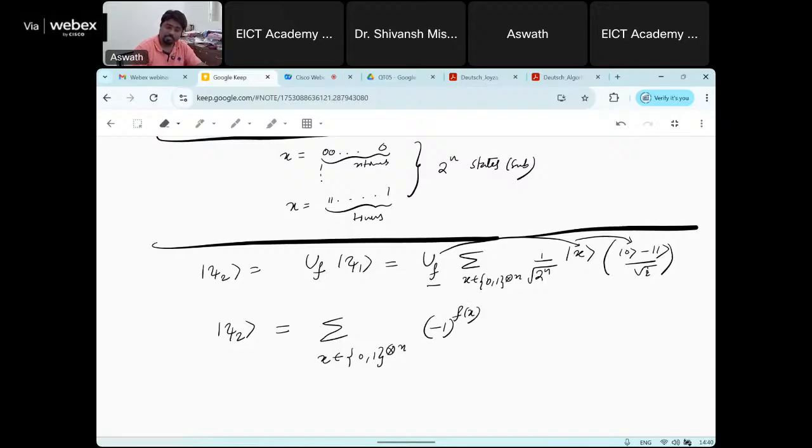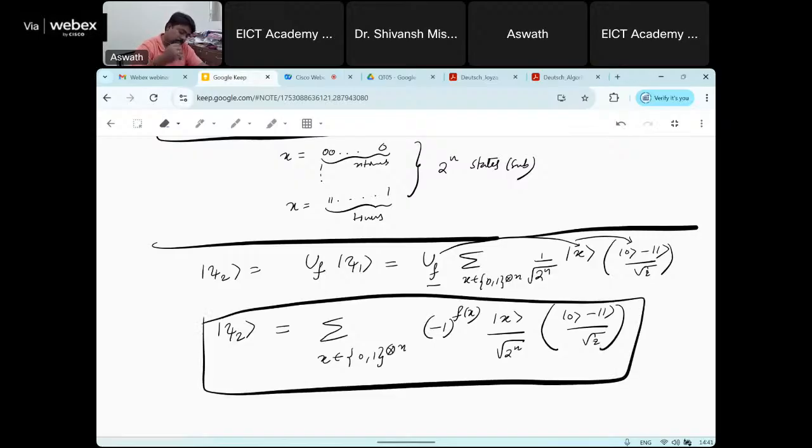Remember, yesterday we derived that. Everything else would remain the same: 1 over square root of 2 to the power of n, x, and 0 minus 1 divided by square root of 2. I hope you remember this output.